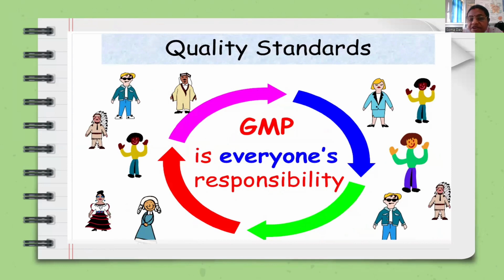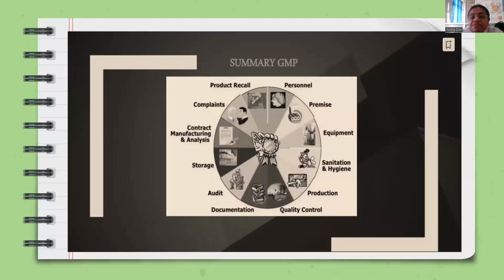GMP is everyone's responsibility, not only that of the in-charges but of all the personnel, right from the one cleaning the floor to manufacturing, quality control, quality assurance, regulatory, and whoever is involved in the delivery of the products.